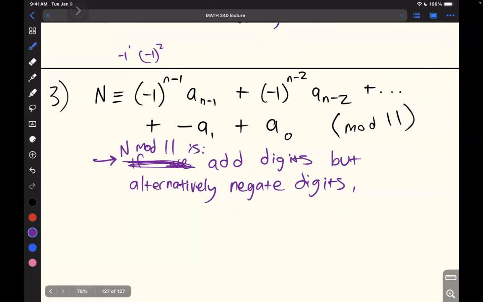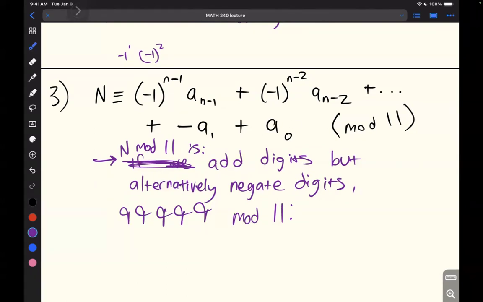So let's do 99999 mod 11. If we start from the right-hand side, because we know the right-hand side is positive, we have 9 plus -9 plus, how many do we have? 1, 2, 3, 4, 5. We could also start with the left hand first.